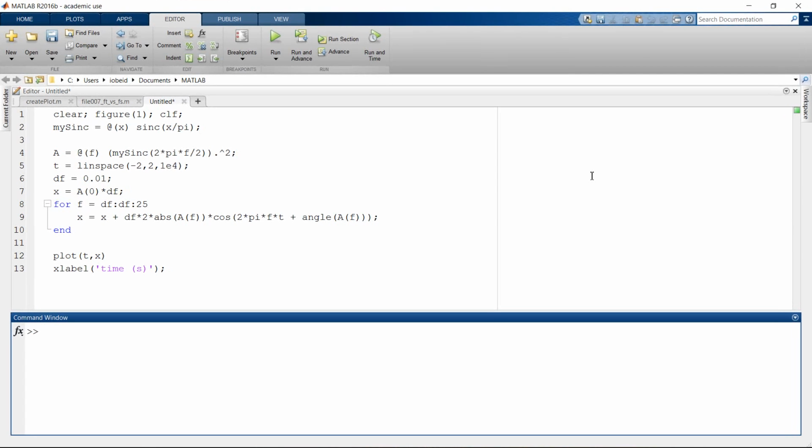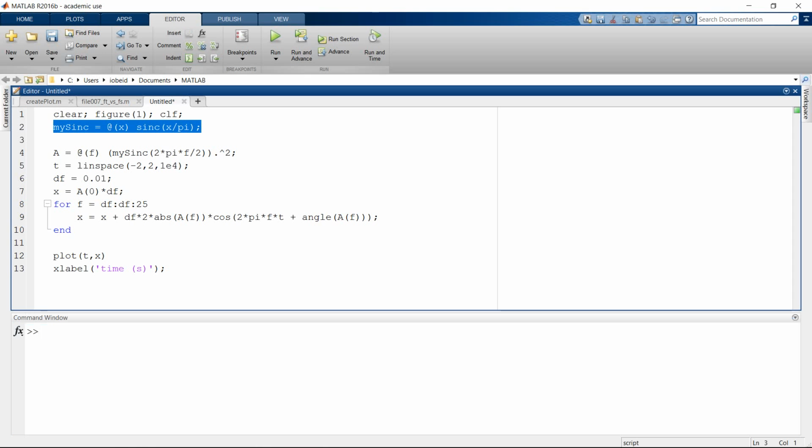So here's my code. Once again, as I've done in some other videos, I've defined a MySync function, which essentially just removes the pi that's built into MATLAB's version of sync. So this ensures that MySync will just give me sine x over x. Alright, and now here's my A that we calculated.